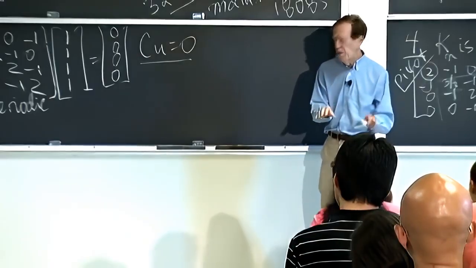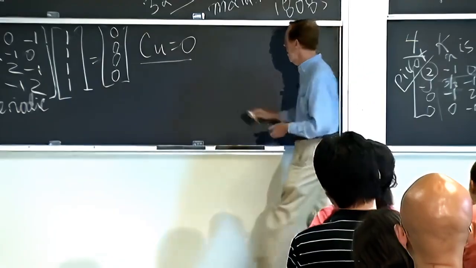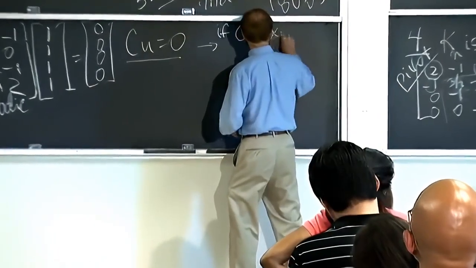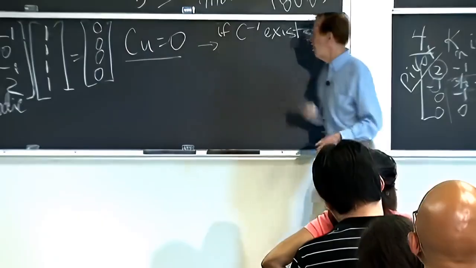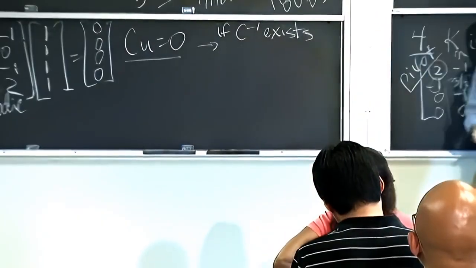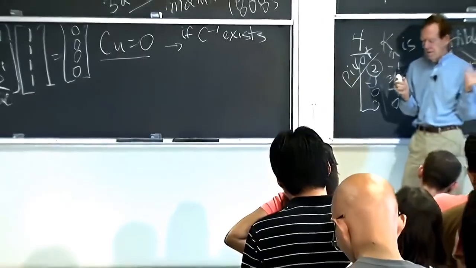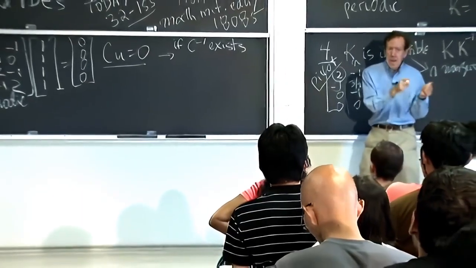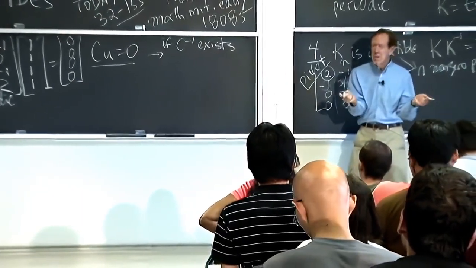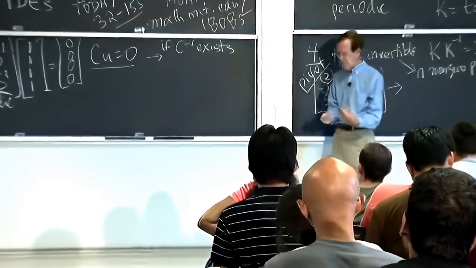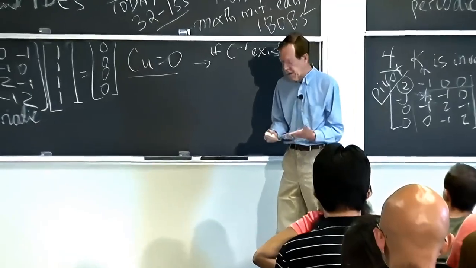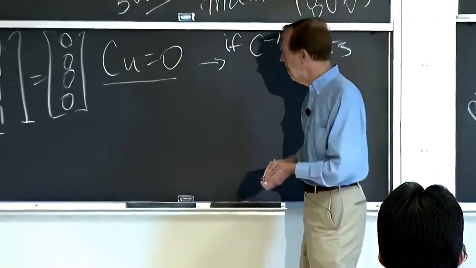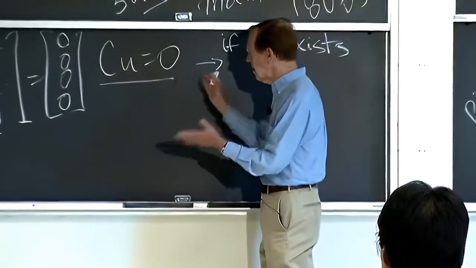Because if it was invertible, if C inverse exists, what would I do to that equation that would show me C inverse can't exist? Multiply both sides by C inverse. So you're seeing, just as first day, some of the natural steps of linear algebra. Row reduction. When you want to see what's happening, multiply both sides by C inverse.